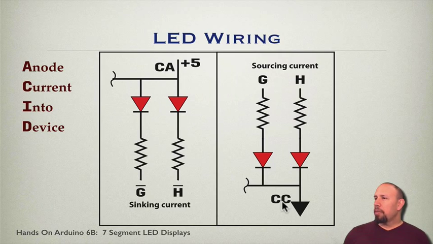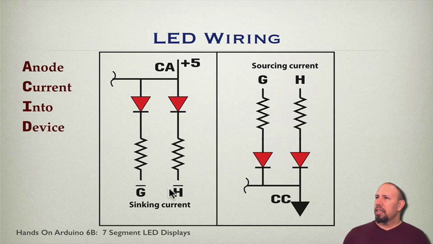For the common cathode, we connect all the cathodes to ground, and so to turn on the light, we need active high for the pin that connects into the Arduino. And so here we can work directly with the signal itself instead of its inversion.